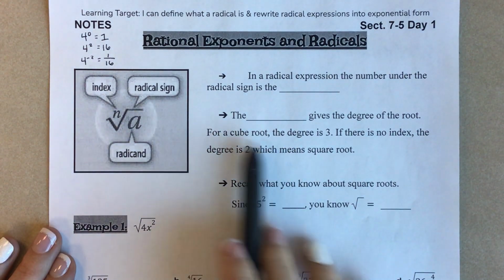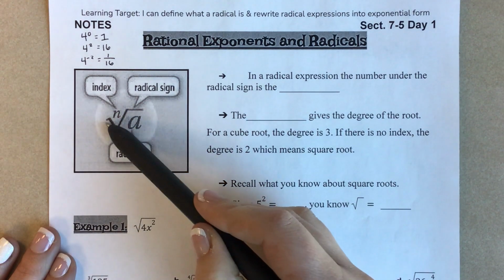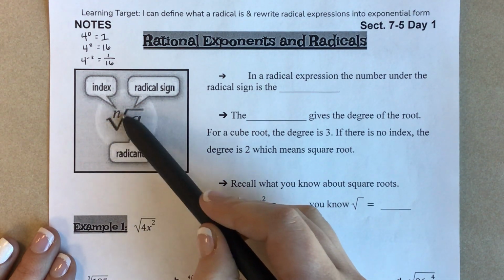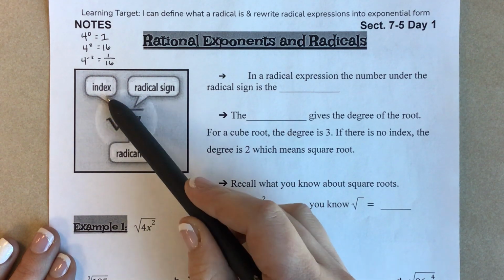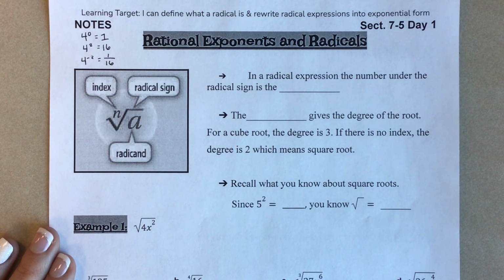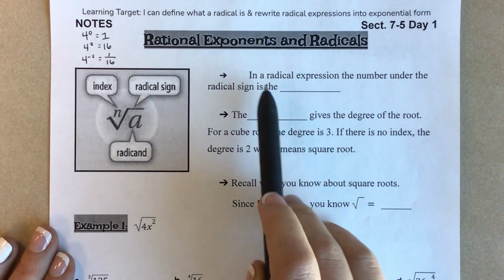But let's cover a little bit of vocabulary first. We can see in our image here, this is called a radical sign. If you have a number, this kind of looks like an arm to me, and I call this the elbow. The number inside of the elbow of the radical sign is the index, and the number inside the radical is the radicand.